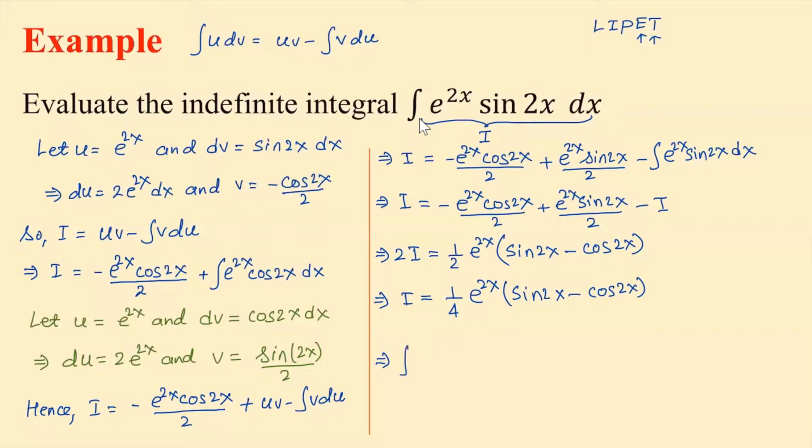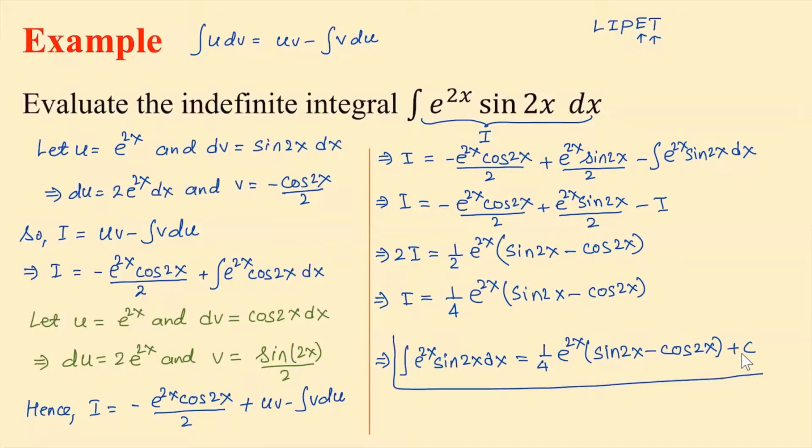I can be written as integration of e to the 2x sine 2x dx is equal to 1/4 e to the 2x times sine 2x minus cosine 2x. And because this is the indefinite integral, we need the constant of integration at the end, plus c. So that is the value of the indefinite integral given in this problem.